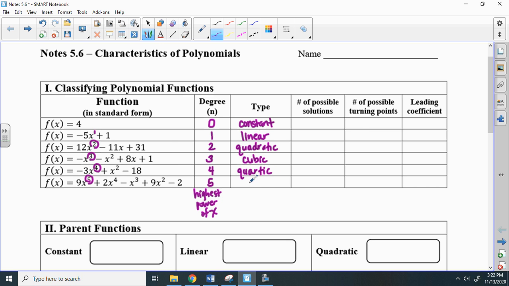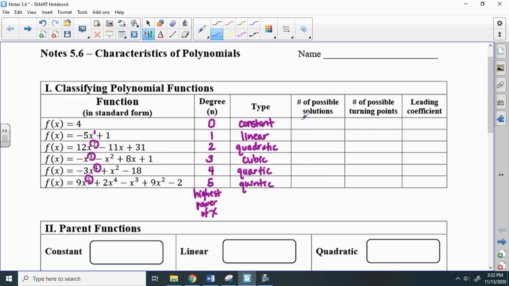And just for fun, when the degree is 5, we call that a quintic function. I don't know if there's any fancy names for anything higher than that, but technically, polynomials can keep on going up in degree. They just might not have a fancy name.